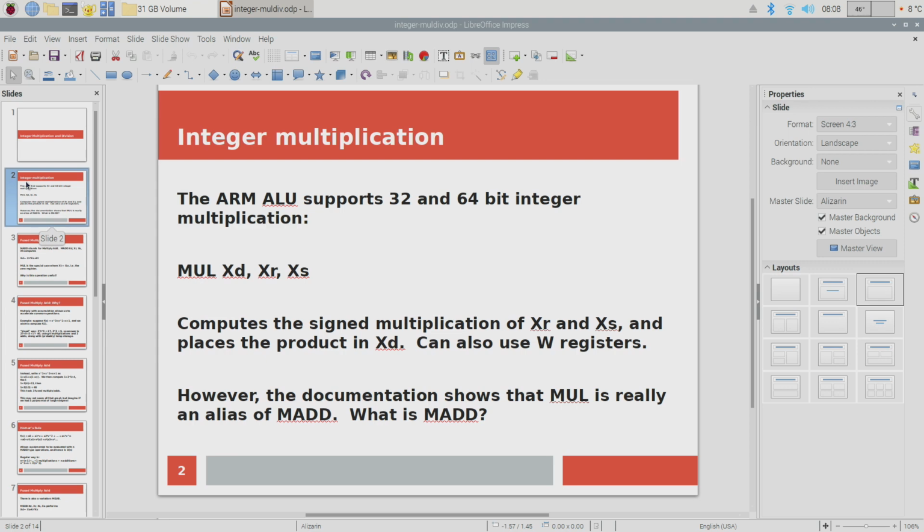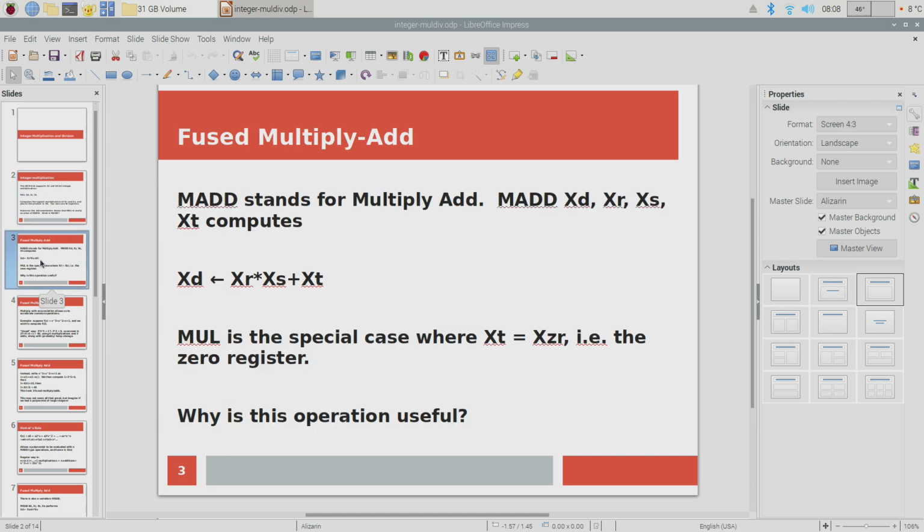So it's multiply add. Okay. Now you might ask, what the heck is that for? Well, let's move on. So this is what's called a fused multiply add. The multiplier object is capable of actually doing two things at once.